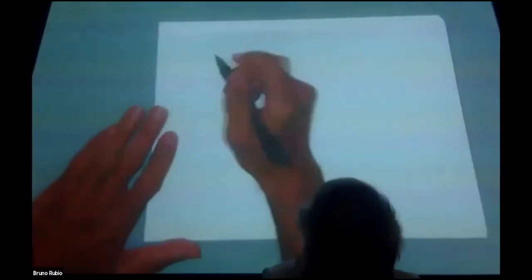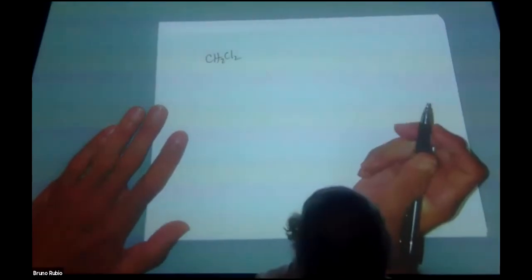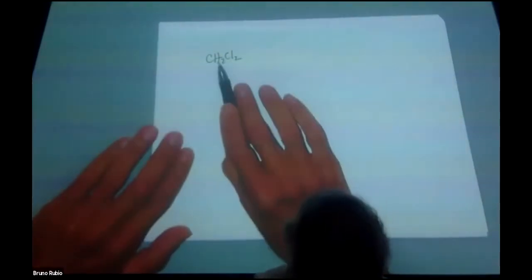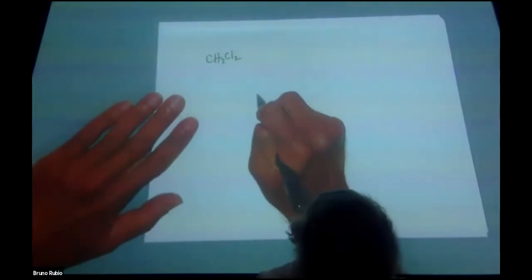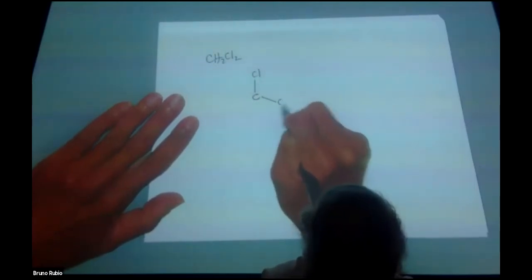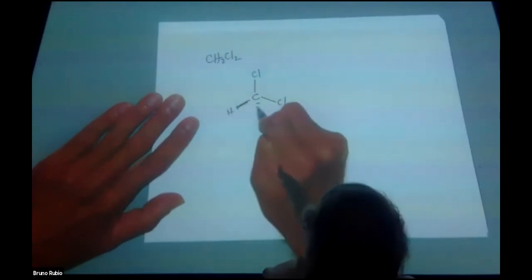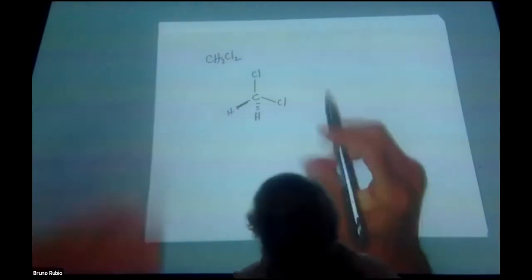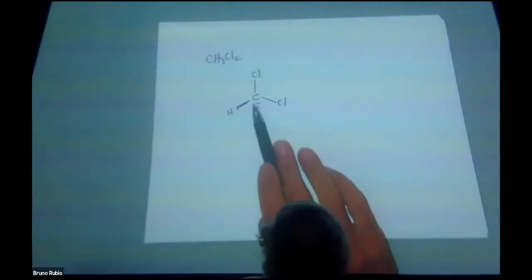Versus something like methylene chloride. Okay, does that have a dipole moment? Is this a polar substance? Oh my heavens, yes. The shape of the molecule is everything, right? So that carbon atom is sp3 hybridized. It's a chicken foot. Hydrogen and carbon, their electronegativities are very close together.